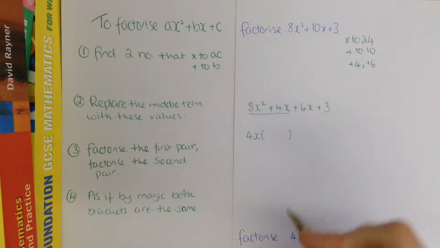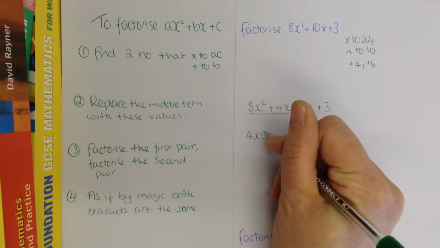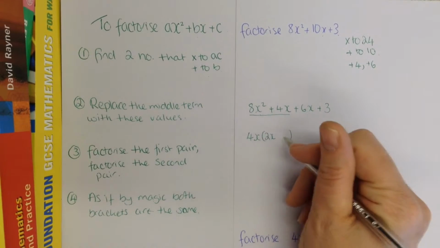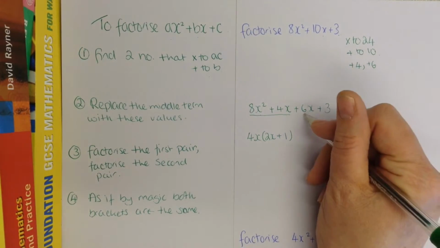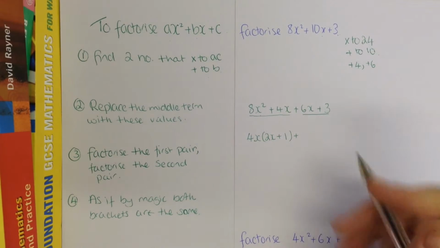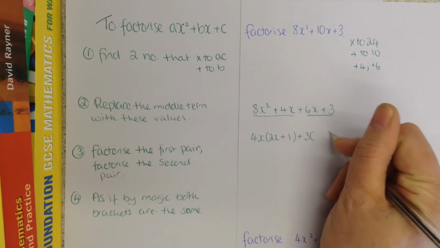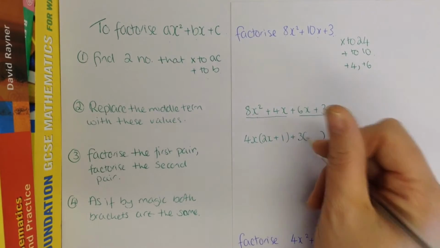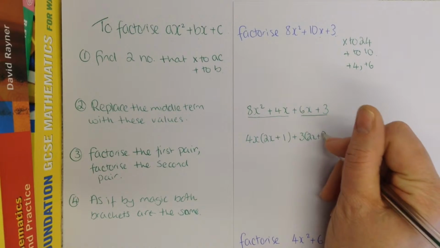So, factorising it then, 4x times what is 8x², 4x times 2x, 4x times what is 4x, plus 1. Factorising the second pair in the same way, plus, okay, we've got a 6 and a 3, so we can take 3 out. 3 times what is 6x, 3 times 2x, 3 times what is 3, 3 times 1.